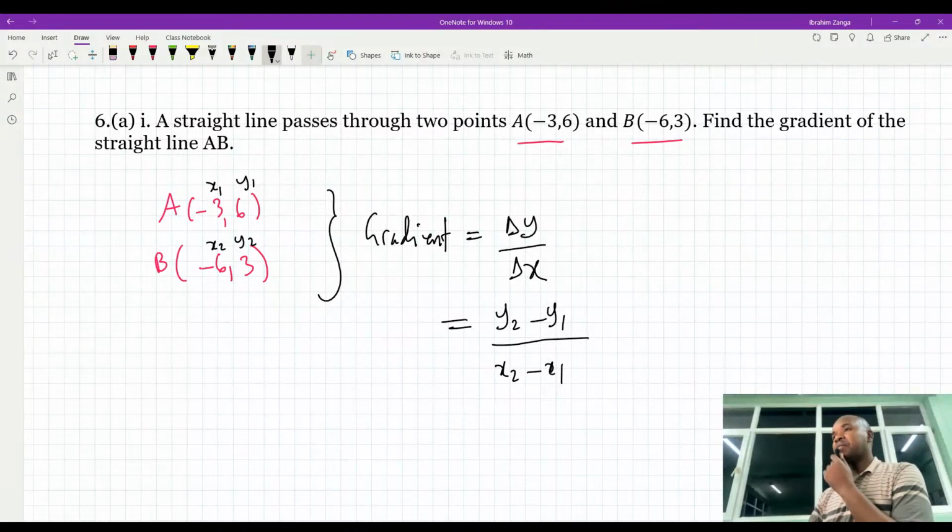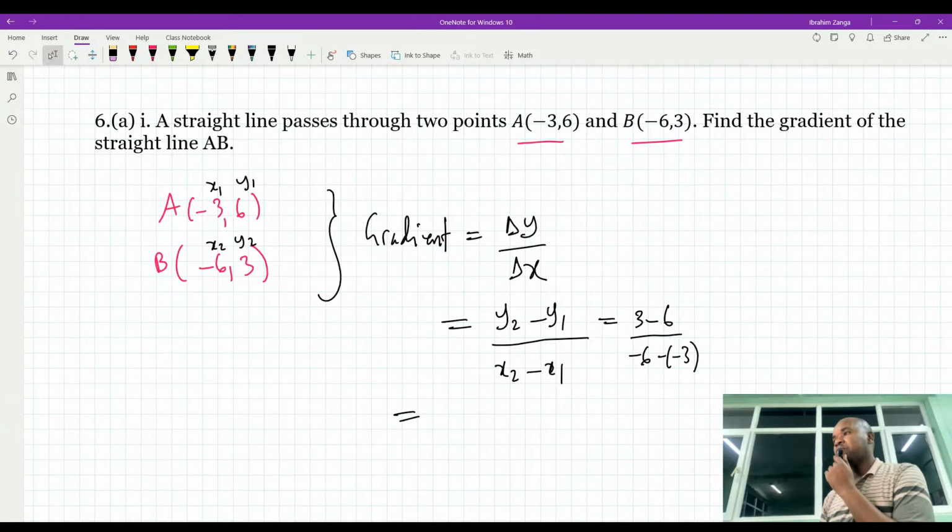So considering the points given already, you're going to substitute now y2 minus y1 and x2 minus x1. When you substitute, we get this is actually equal to 3 minus 6 divided by negative 60 minus negative 3.